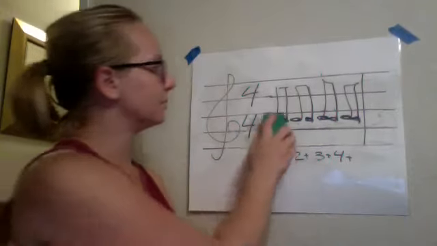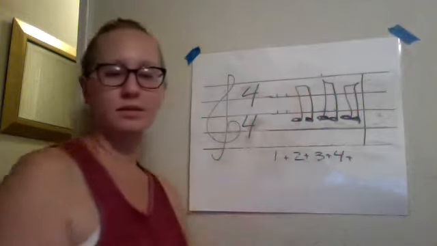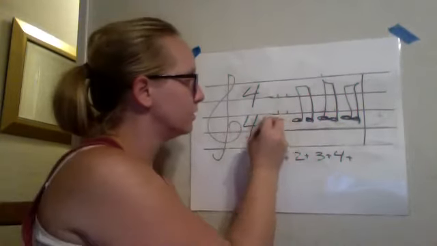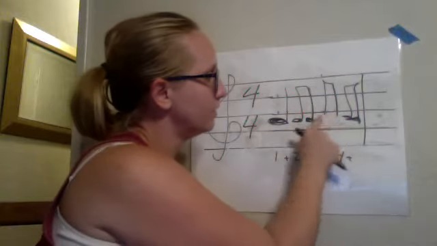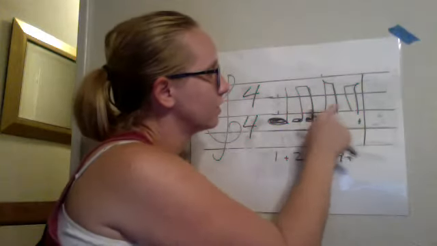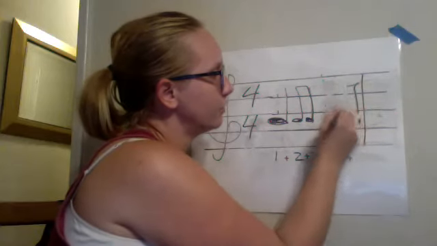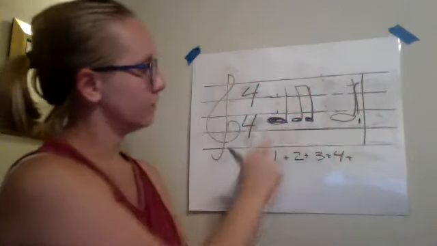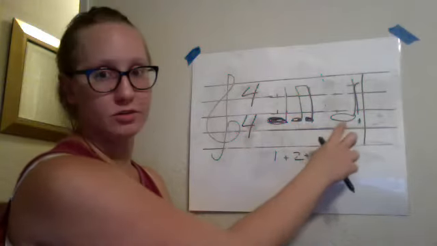Let's mix them up. So what if we put a quarter note here, right? And then a half note here, okay? So this is 1 beat, this is 1 beat, and this is 2 beats.